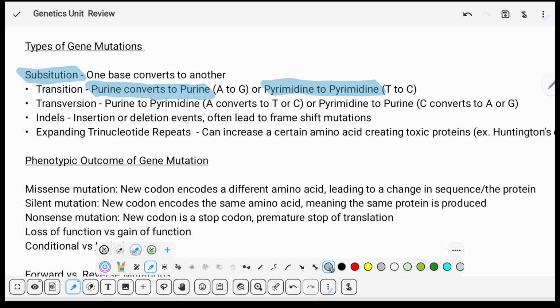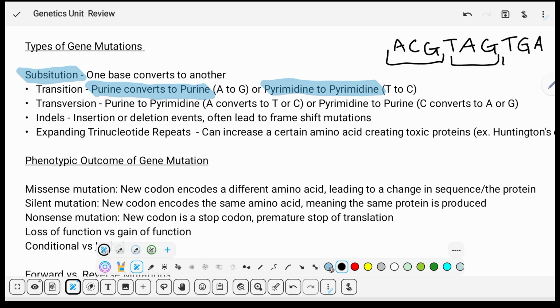There's also indels, which is short for insertion or deletion, and that leads to a frame shift. Say you have A, C, G, T, A, just random strands. If we have this regularly, then we would read it like this: this amino acid, this amino acid, this amino acid.